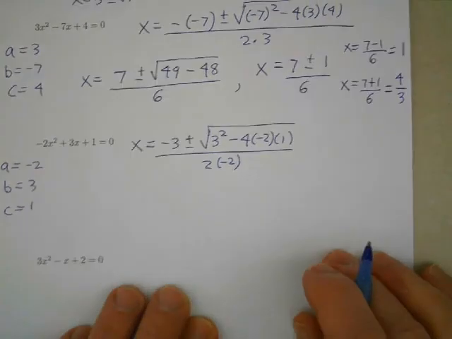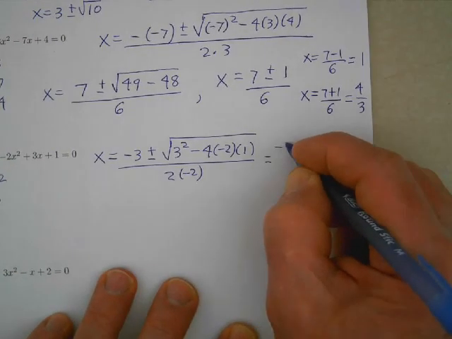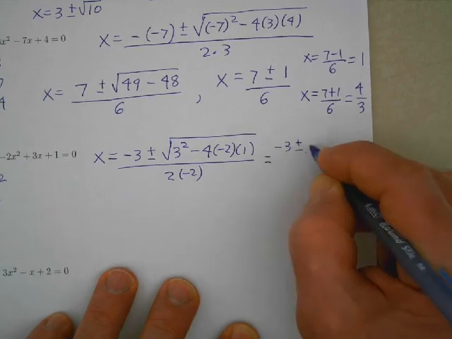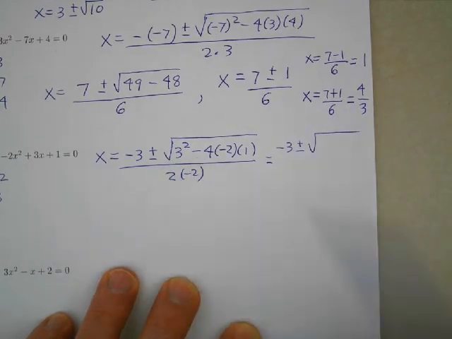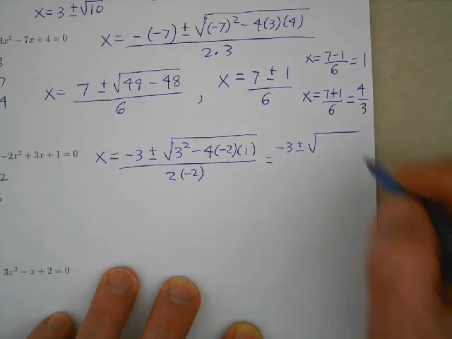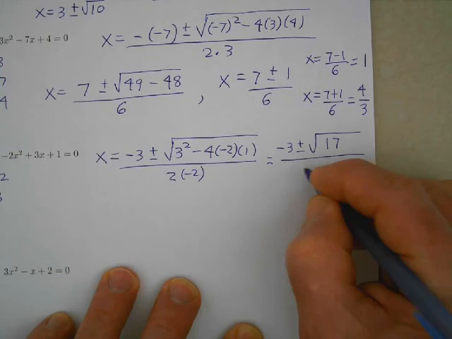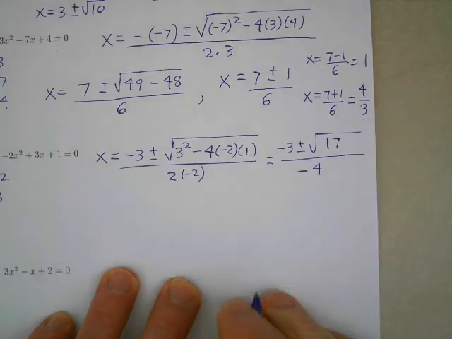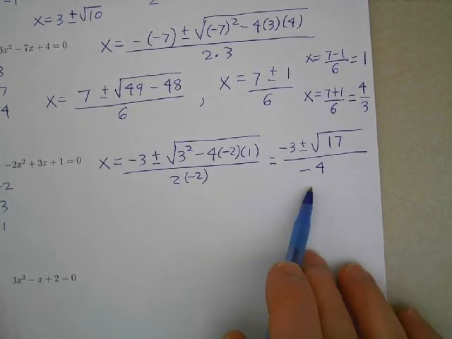Okay, then we'll do some arithmetic inside the square root. We have negative 3 plus and minus the square root of 9 minus negative 8, which is 9 plus 8, or the square root of 17. And this is all divided by negative 4. And we'll simplify a little bit more.